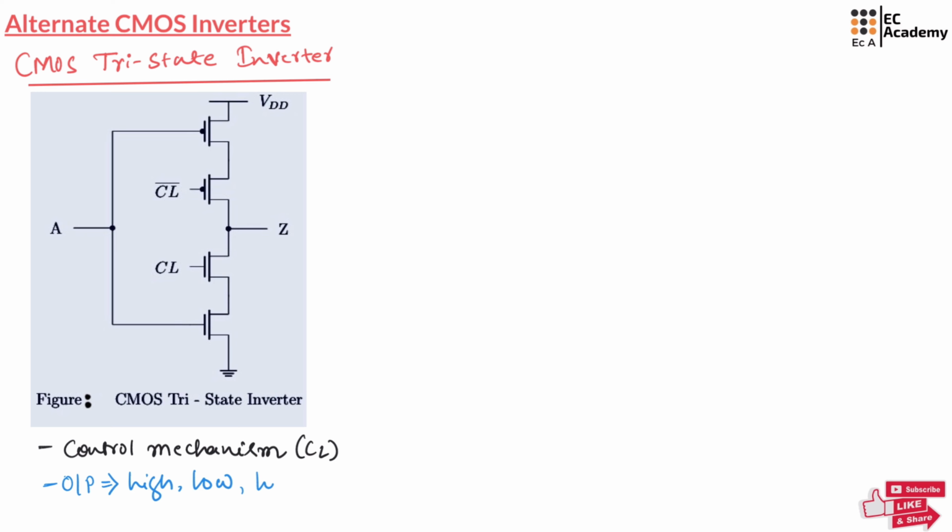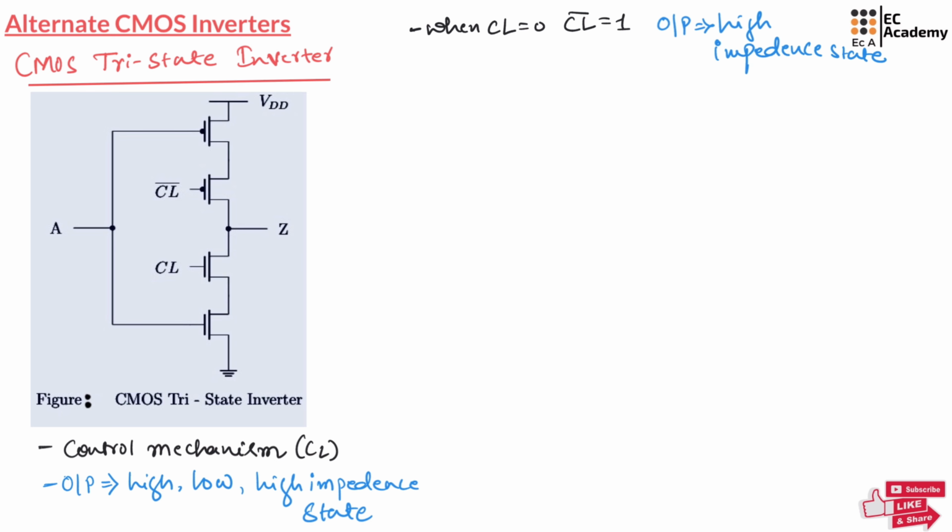By introducing the control signal CL, the output will be logic high, logic low, or it will be in high impedance state. Now, when CL is equal to 0, CL bar will be equal to 1. The output is in a high impedance state, which is not driven by input A. When CL is equal to 1, CL bar will be equal to 0. The output will follow the input, acting like a regular inverter.